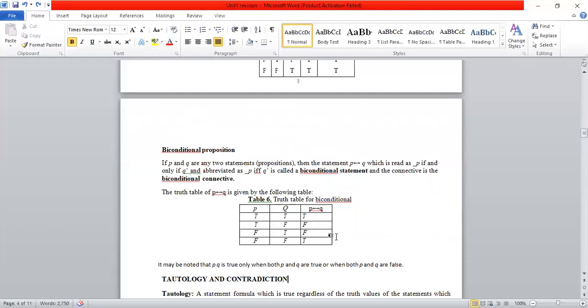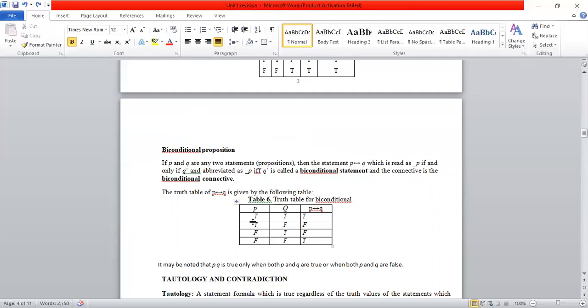So here I am drawing a truth table for this biconditional connective. We have a P statement, Q statement. Write all the possibilities of truth values. Next, P biconditional Q. In this, remember, it may be noted that P biconditional Q is true when both P and Q are true or both P and Q are false.